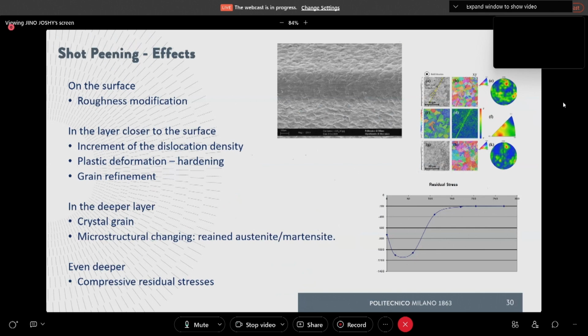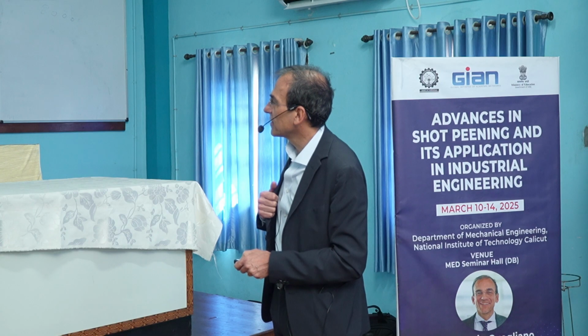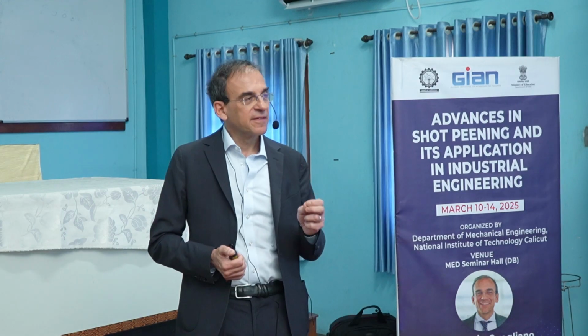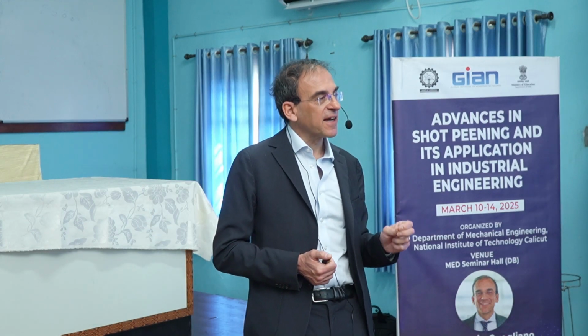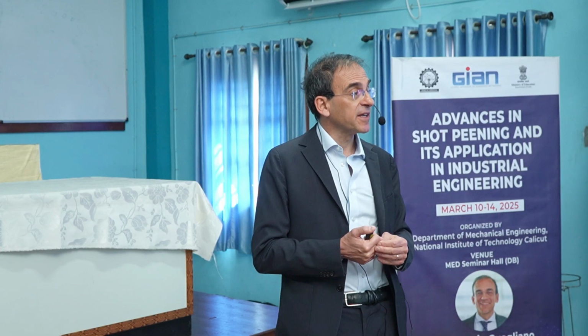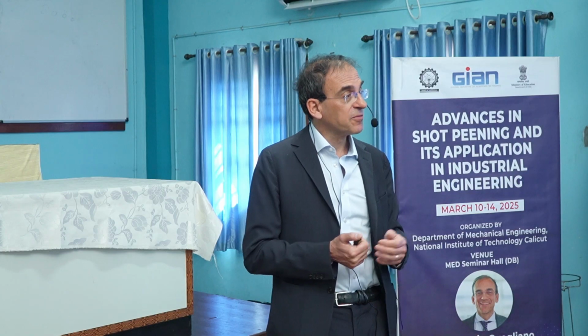And if we go even deeper, we can obtain also, and this is the most important to say, microstructural changes. That is to say, if we have austenite, this is true especially for the steels that are used for gears, that are good for carburizing.